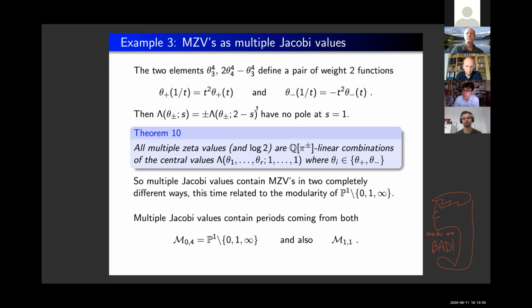This is very technical, but there's a way to construct mixed motives as the bar construction on a cycle complex of something that computes K-theory. What that means is that mixed motives should be something like iterated integrals on something which computes pure motives.